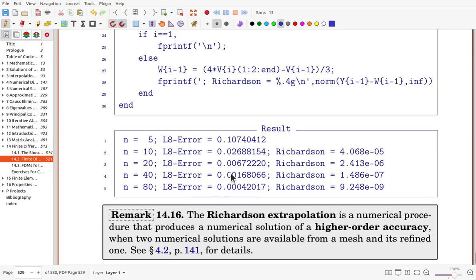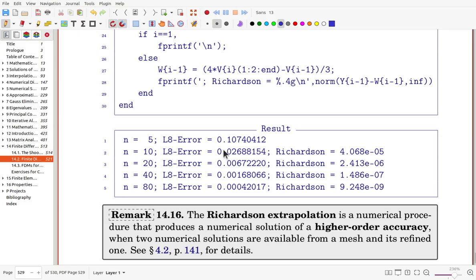And you can see the error rapidly goes down. Richardson extrapolation is a numerical procedure in which by using 2 low order solutions, we can get a high order solution. And by using these 2 solutions, we can get now a 4th order solution.